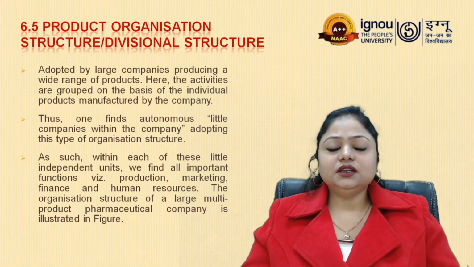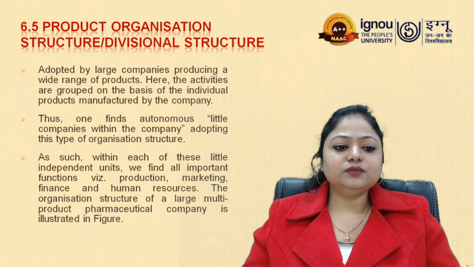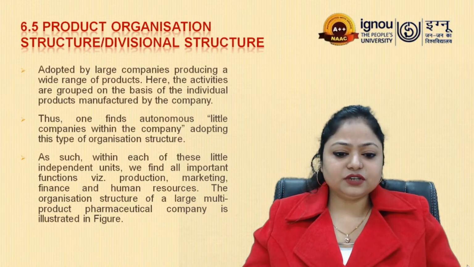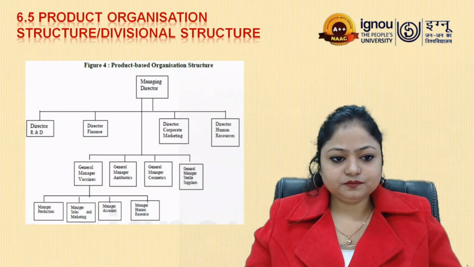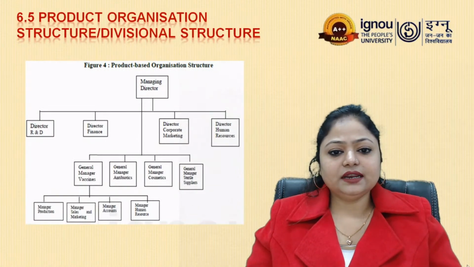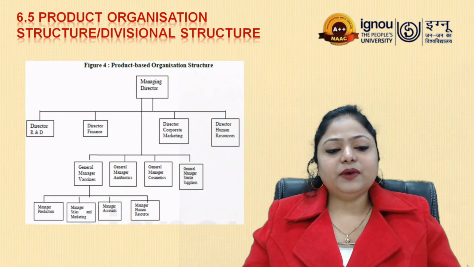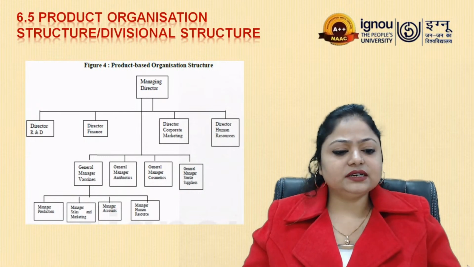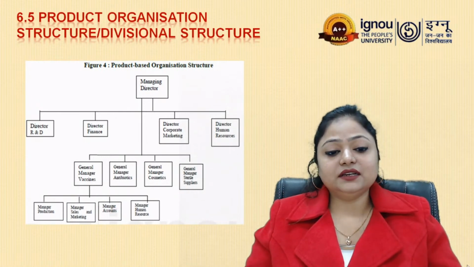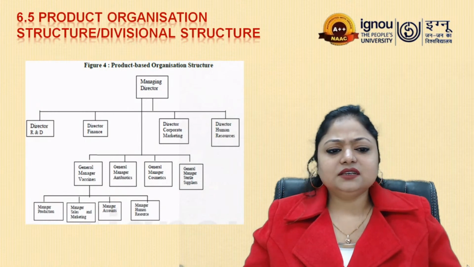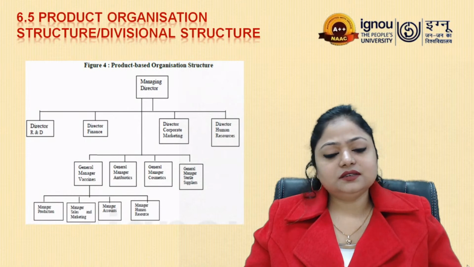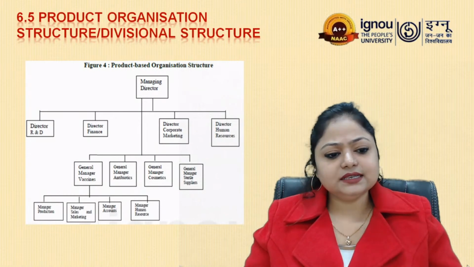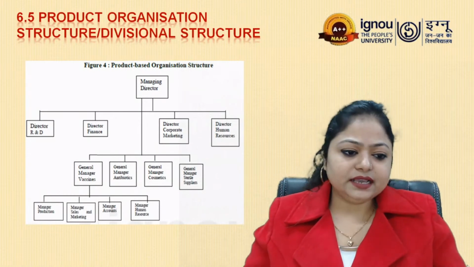The organizational structure of a large multi-product pharmaceutical company, for example, can look like this. There could be a managing director and different sub departments with their own directors, and then there will be general managers for cosmetics, manufacturing vaccines, sterile supplies and sanitary supplies.